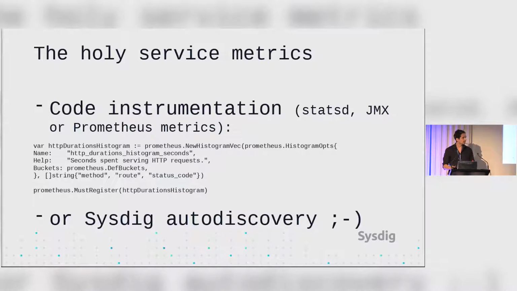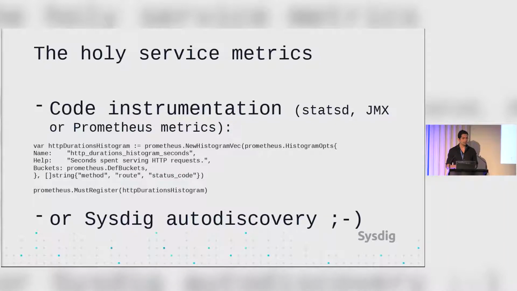So if you take an example of Prometheus, and you want to get this type of metrics, this is the code you're going to use to make it happen. That's the hard way. So we're actually getting rate, you're getting latency, and you're getting the metrics that are related to your StatZ or JMX based on the golden signals. Or you can just use Sysdig.